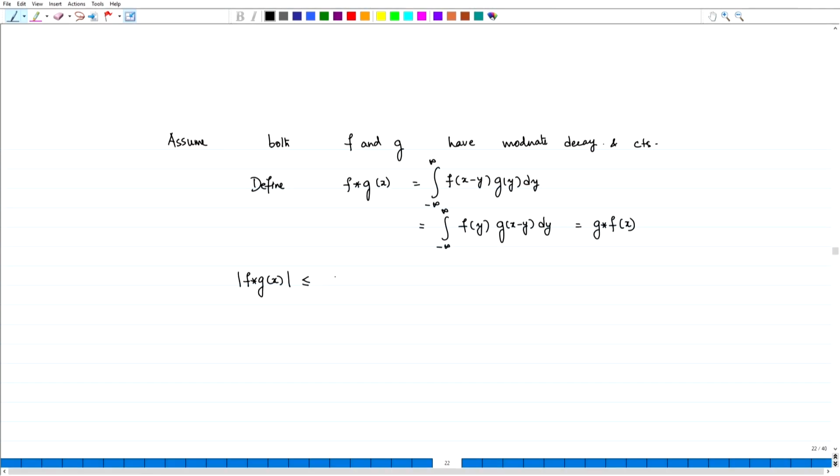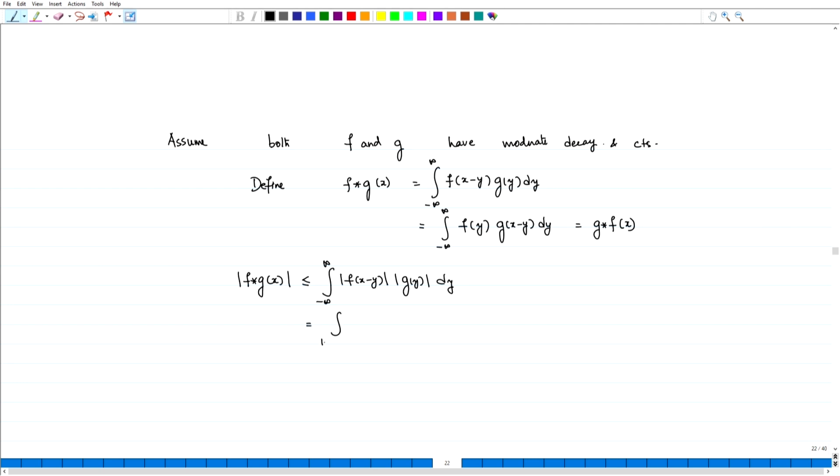So, in order to see that, we need to look at the convolution of f and g at x. This is less than or equal to the integral from minus infinity to infinity of mod f of x minus y, mod g of y dy. Now, I break this integral into two parts.